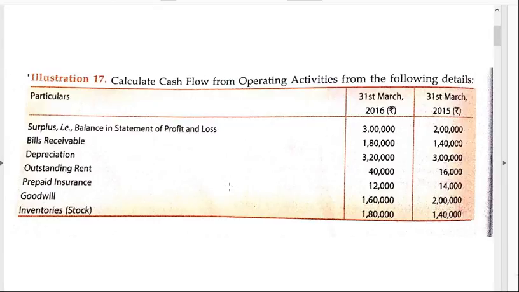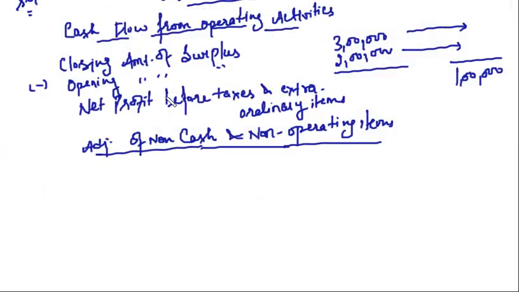What about depreciation? Earlier the depreciation was 3 lakh, now the depreciation is 3,20,000. That means during the year you have created a depreciation of 20,000. Now, does depreciation include the actual cash outflow? This depreciation is a non-cash item.